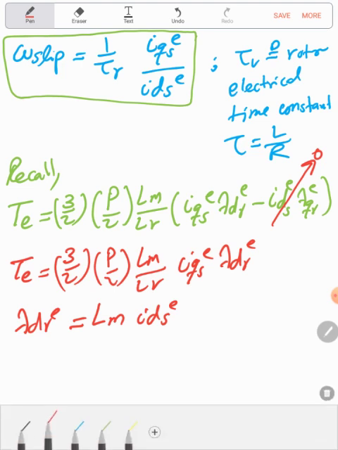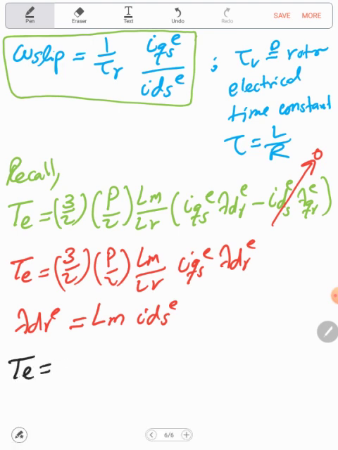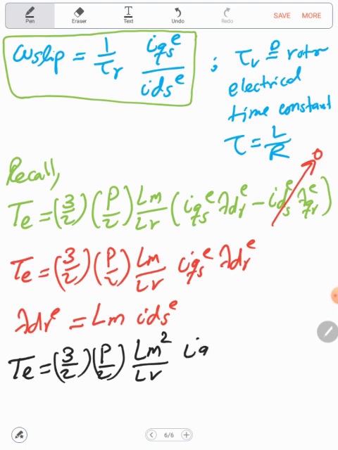So to this end, the electromechanical torque of the induction machine in the QD reference frame, in the rotor field-oriented reference frame, can be written as Te equal to 3 over 2 P over 2 LM squared over LR IQSE IDSE.